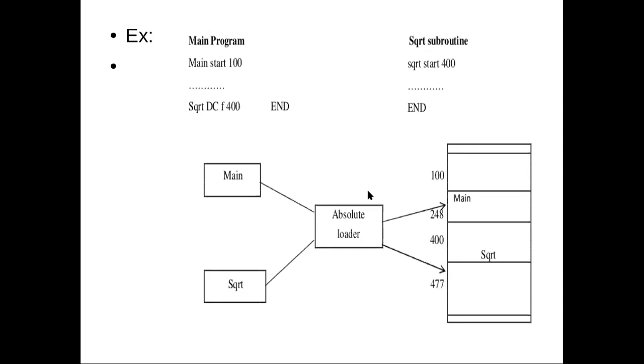Whenever the absolute loader loads the main object program and the subroutine object program into memory, it has to store the main program exactly at absolute address 100 and SQRT at absolute address 400. That's why it is called the absolute loader. Whatever absolute address is mentioned in the program, the absolute loader will load the object programs exactly into that address, not anywhere else.